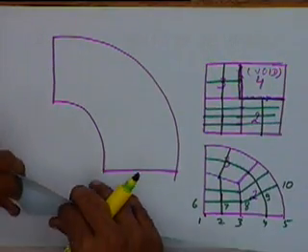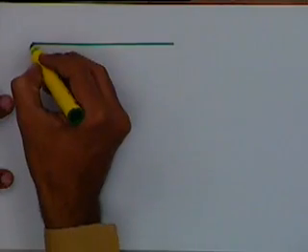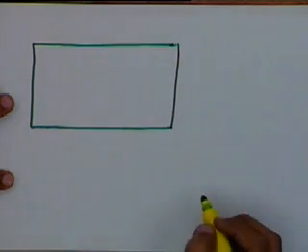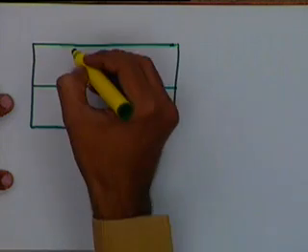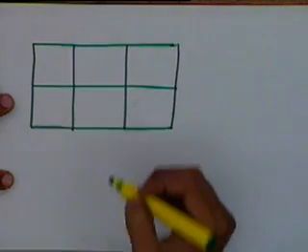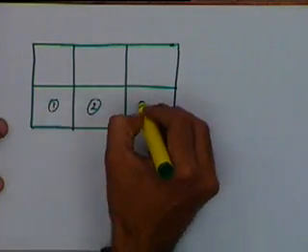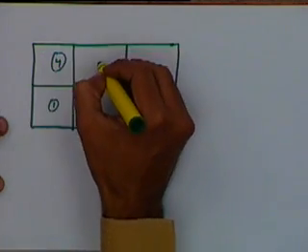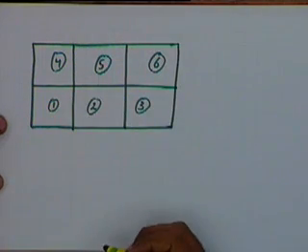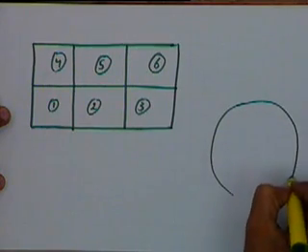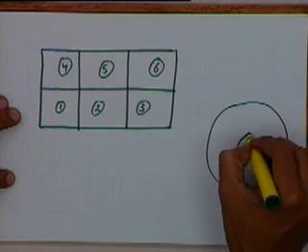And we can have different types of mappings. For instance, if we consider this array of blocks, this is block 1, 2, 3, 4, 5 and 6, and the final object is, let's say, a circular plate with a hole in it.